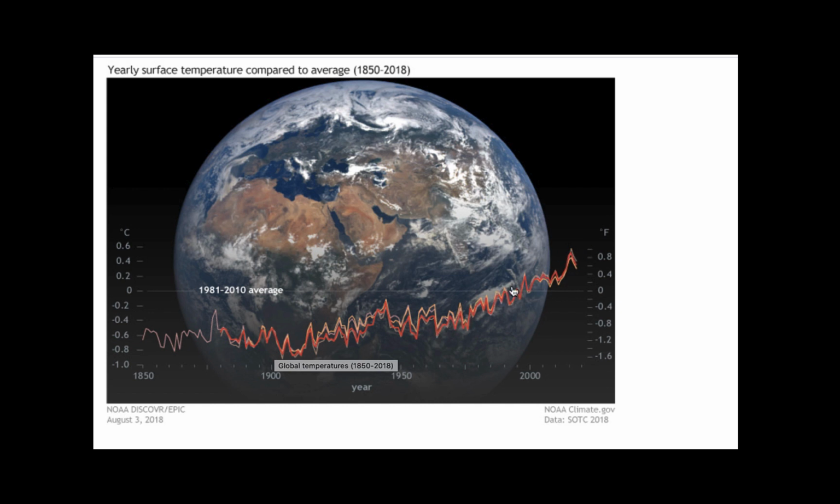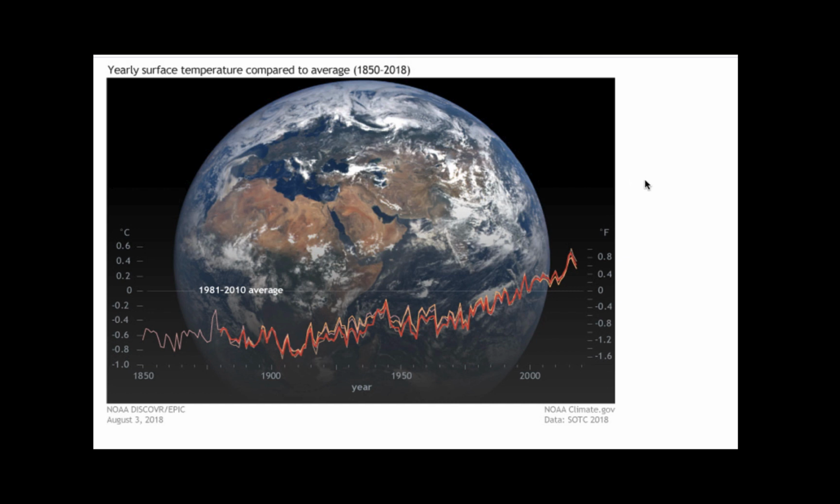So this increase is what we're kind of concerned about, that we don't want to keep increasing the temperature indefinitely because this is not a stable thing for our climate.